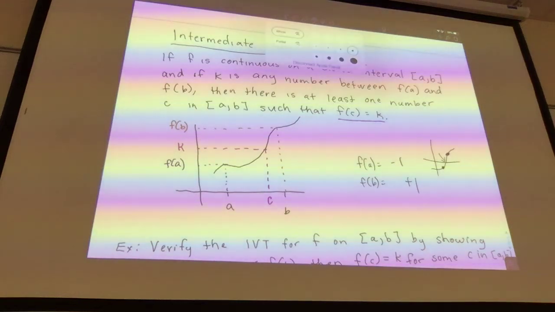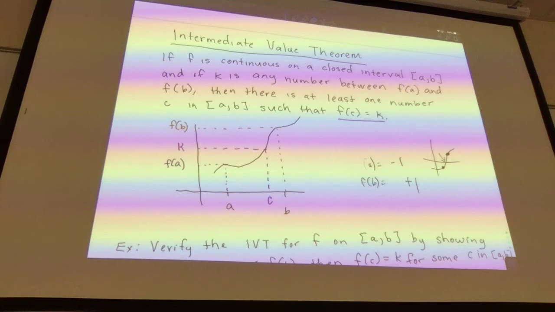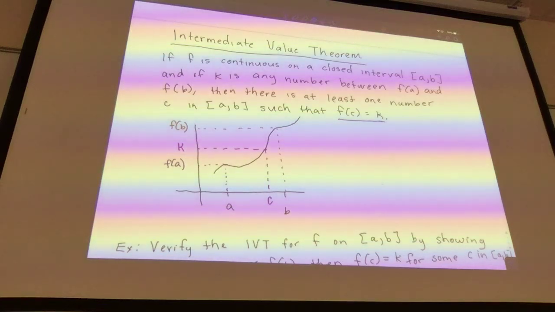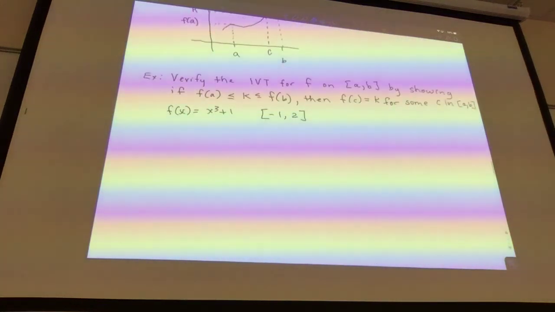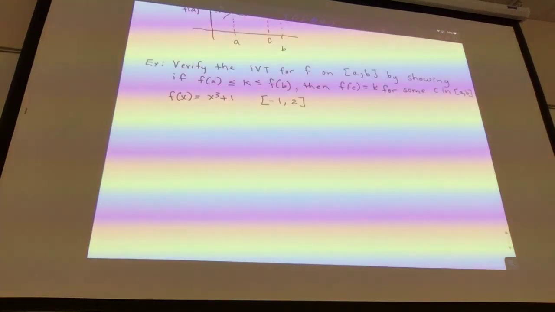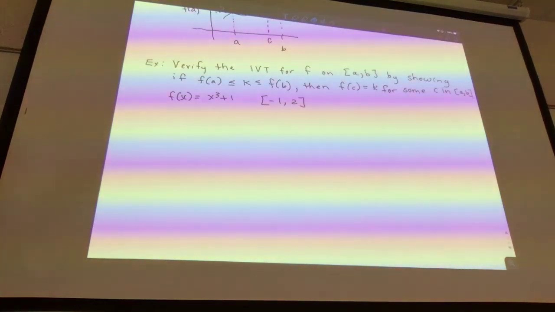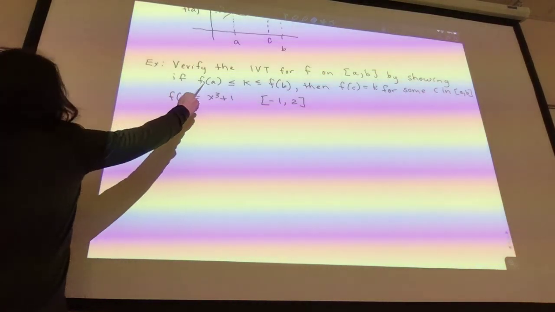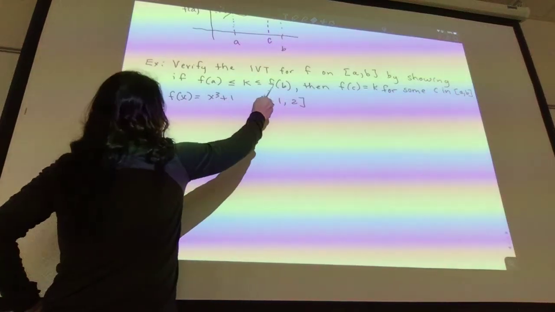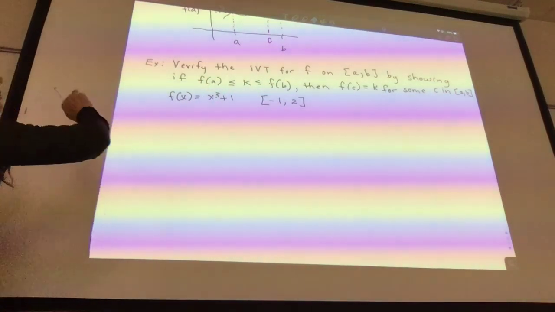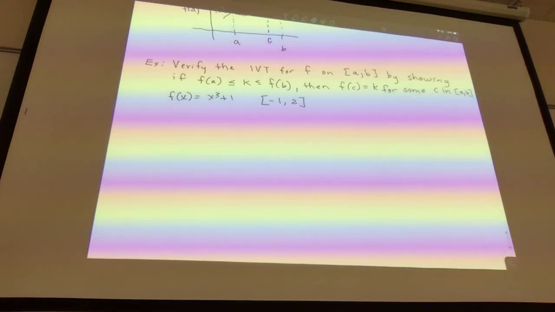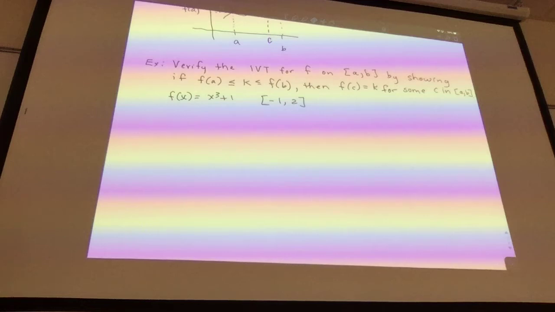So hopefully you remember a little bit about that in pre-cal, but if not, we'll cover what we need to know here. So your question is, with intermediate value theorem in mind, and IVT stands for that, verify intermediate value theorem for f on that interval a to b by showing that if I know f of a and I evaluate f of b and I know k is in the middle of them, then there's some value c that we can find such that f of c is equal to k for something in the interval a to b.